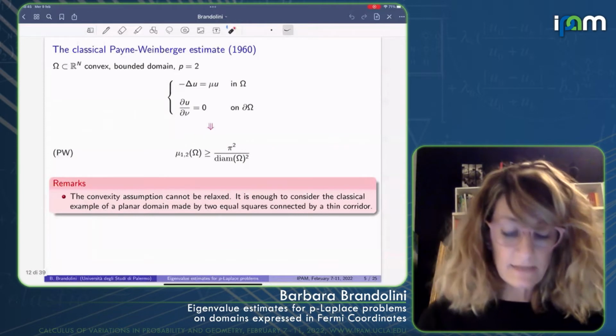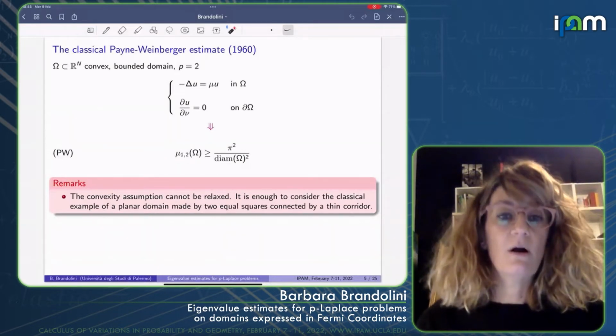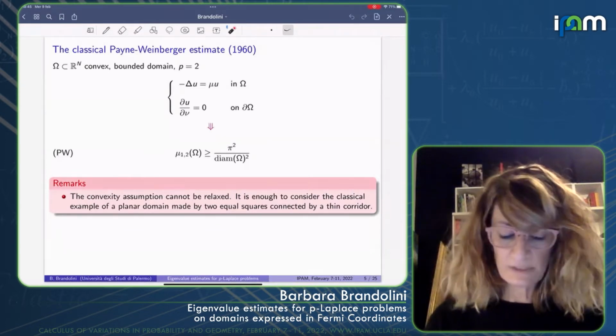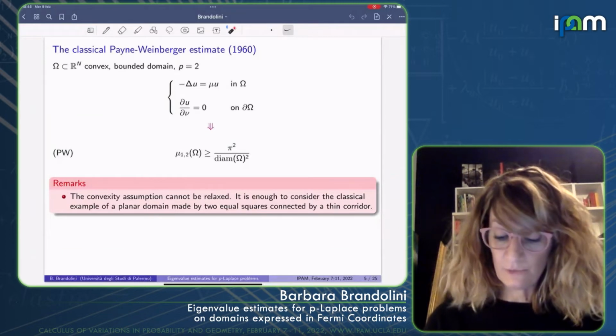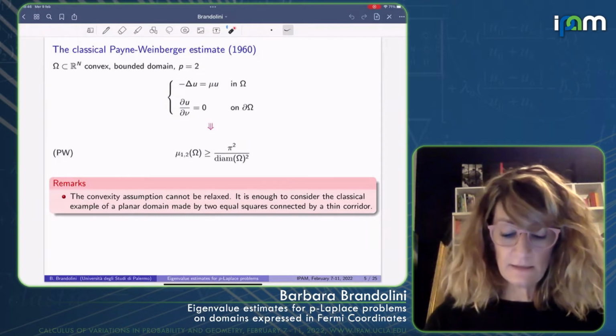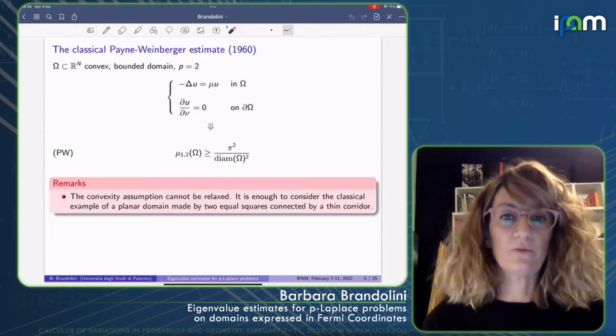In any case, in this kind of inequality, we cannot drop the assumption of convexity, and to convince ourselves, it is enough to consider the classical example of a planar domain made by two equal squares connected by a thin corridor, since in this case, this quantity can be small enough in order to get this inequality not valid anymore.